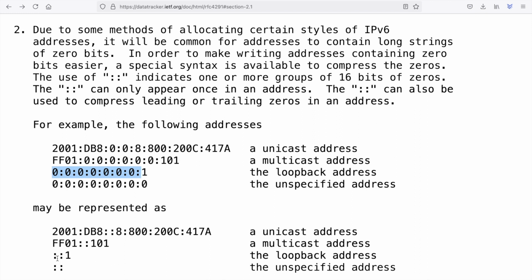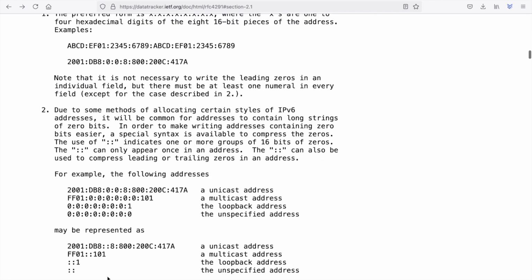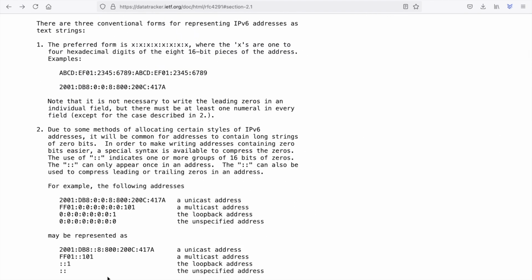And the third, the loopback address, instead of putting all 7 hextets with the zeros and then 1, you can just represent that as ::1. And the fourth example, instead of all zeros to represent an unspecified address, you can simply show that as double colon. So these are the ways IP address can be represented, or the right ways to simplify the IPv6 address.